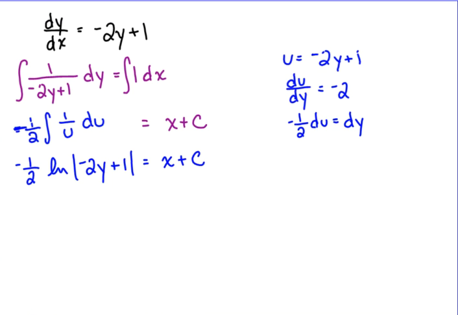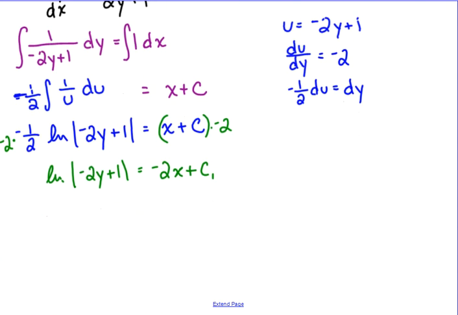Before you put it in exponential form, you've got to move that 1/2 to the other side. So we need to multiply by negative 2. Negative 2x plus c sub 1. Negative 2 times c is another constant, so just rename it c sub 1.